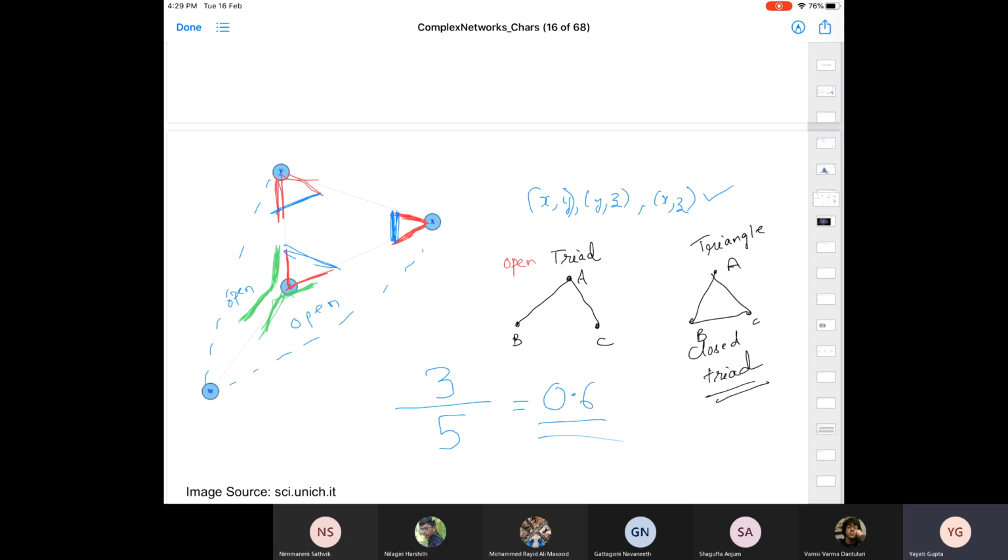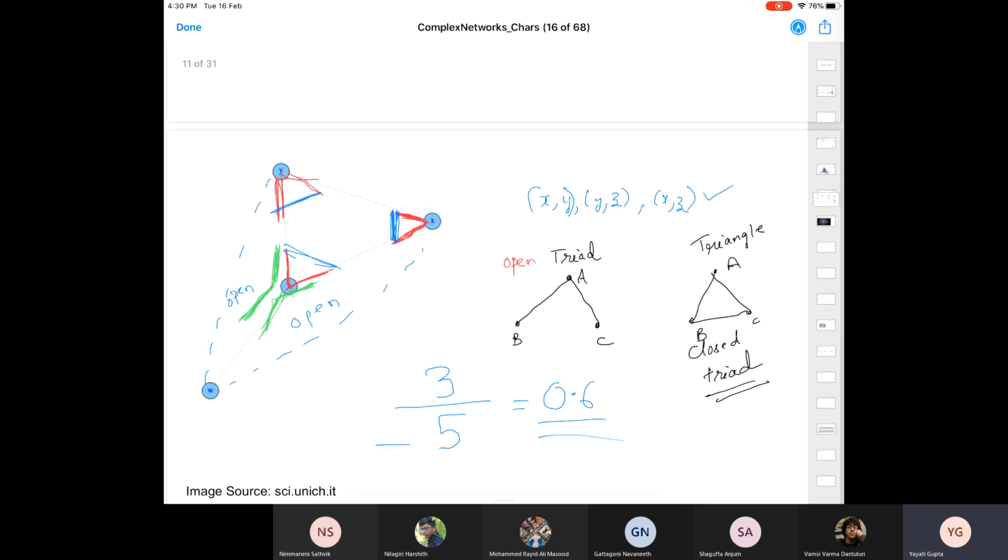I'm going to each individual node. Right now I looked at the entire network and computed how many of these are closed. Next, we'll go to each individual node, compute a transitivity value for each individual node, and then average them. So think about how that can be done, what comes to your mind. We'll discuss more about it tomorrow.